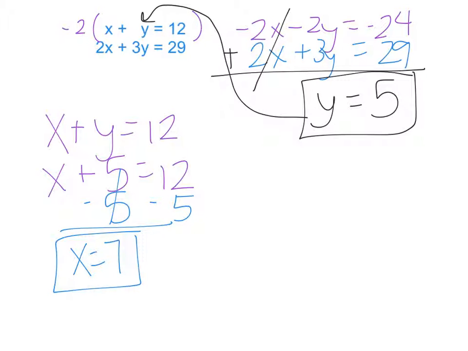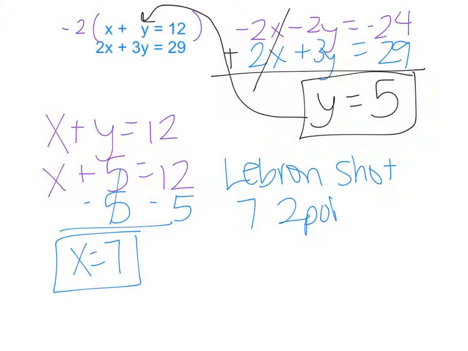So we know that x is 7, we know y is 5, and we can go back and check them to make sure that it works in both equations. And when we go to write our answer, we want to write it in a sentence. So we can say that LeBron shot 7 2-point shots and 5 3-point shots.